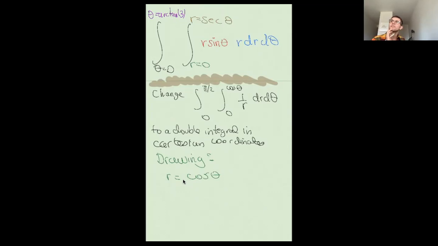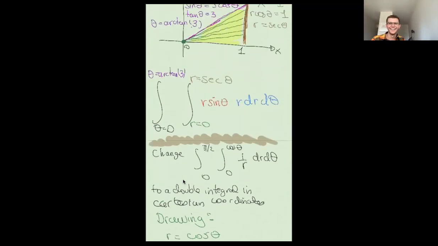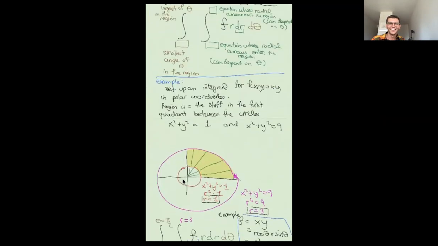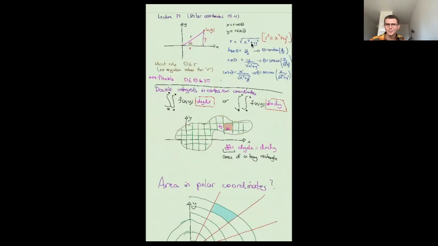Well, this is not really y equals x. That's a little bit more complicated. Multiply both sides by r. We need to go to the dictionary. What's r? r is the square root of x squared plus y squared, right?